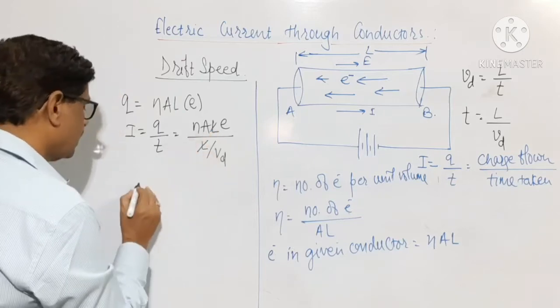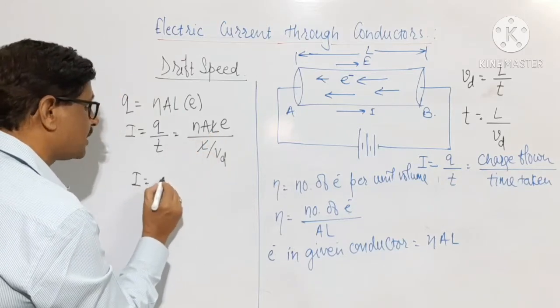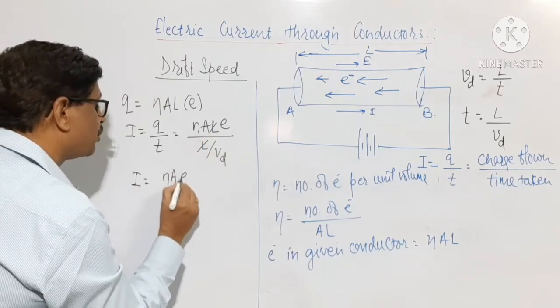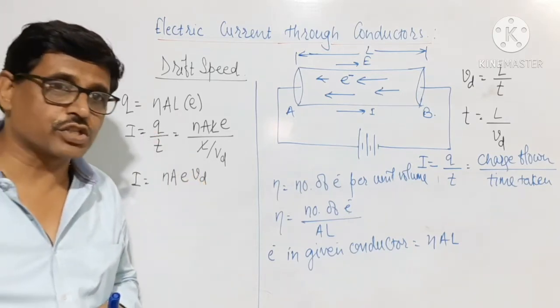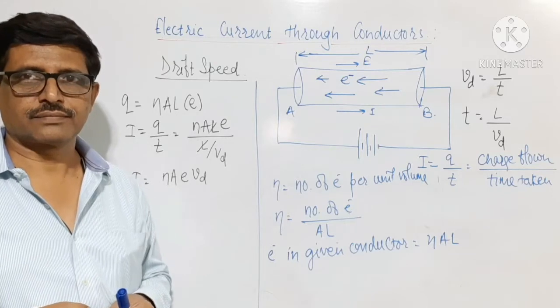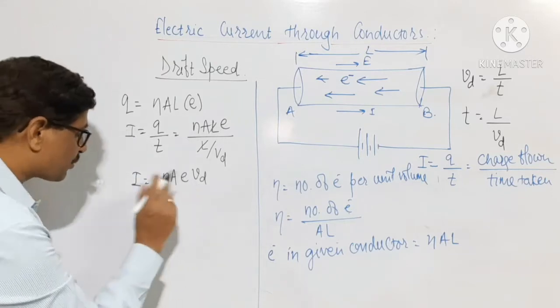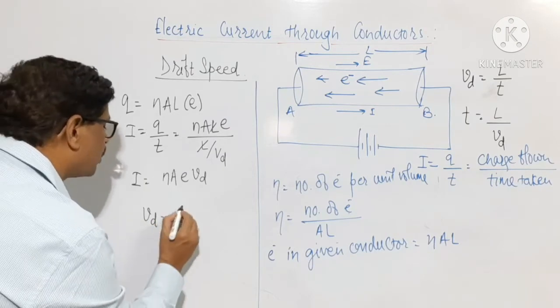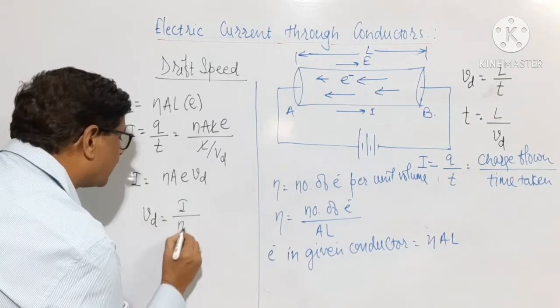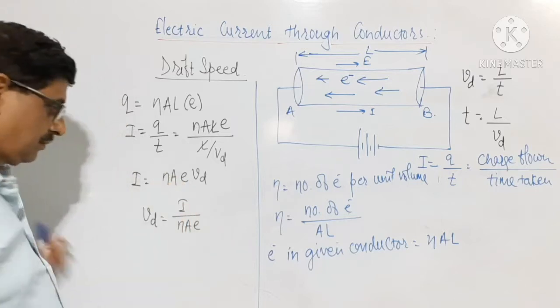L and L get cancelled. Therefore, current through the conductor is n into A into e into Vd, where Vd is the drift velocity. With this, the drift velocity is equal to I divided by n A e.